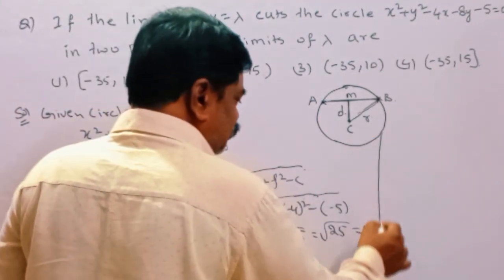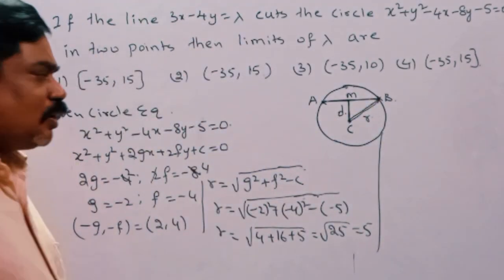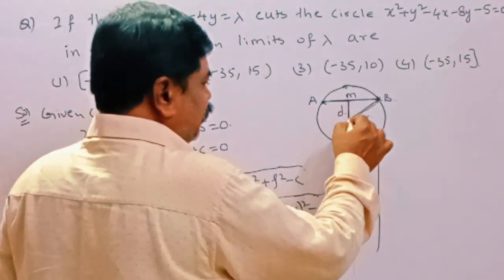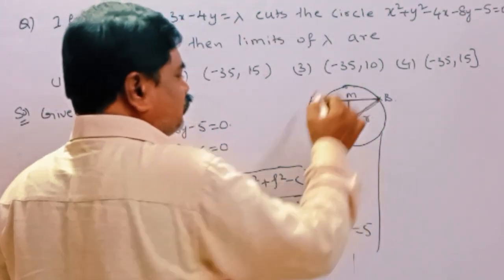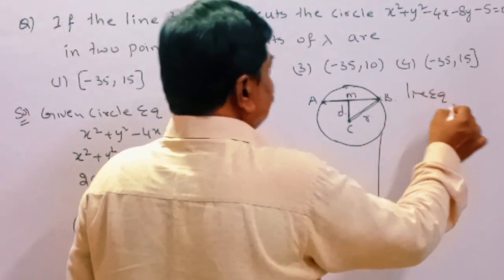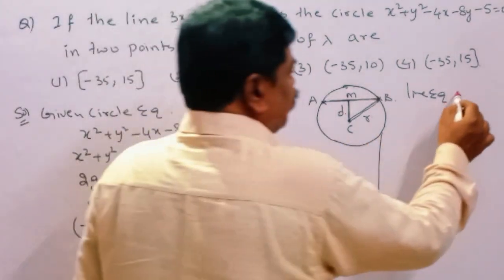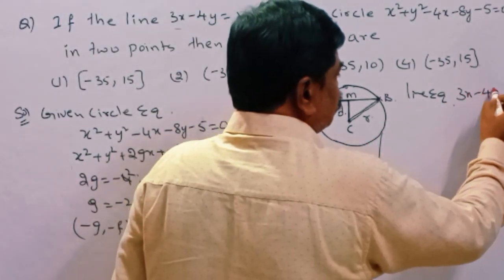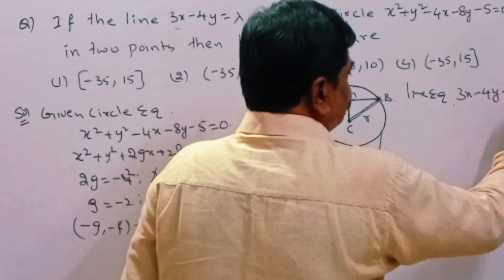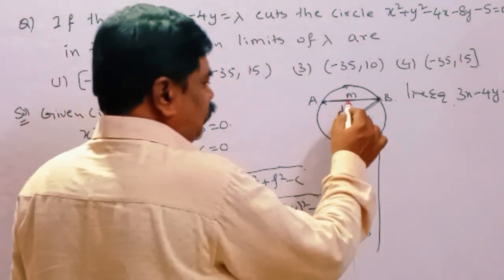You observe, all of you. This is the radius of the circle we get. You can find the perpendicular distance from center to the given line. What is the line equation? This is 3x minus 4y minus lambda equal to 0 is the given line equation.